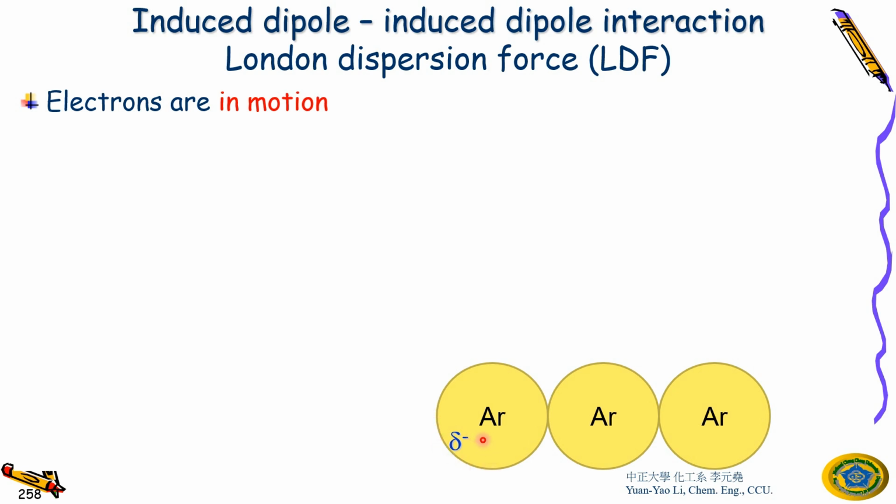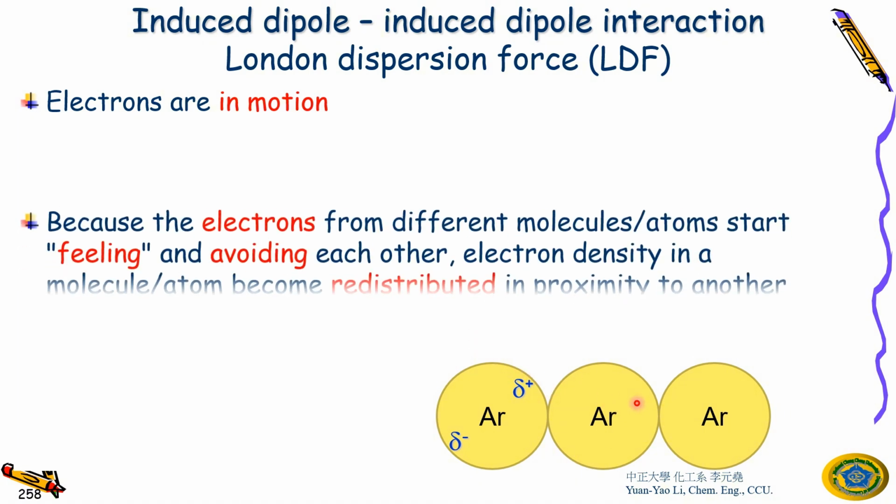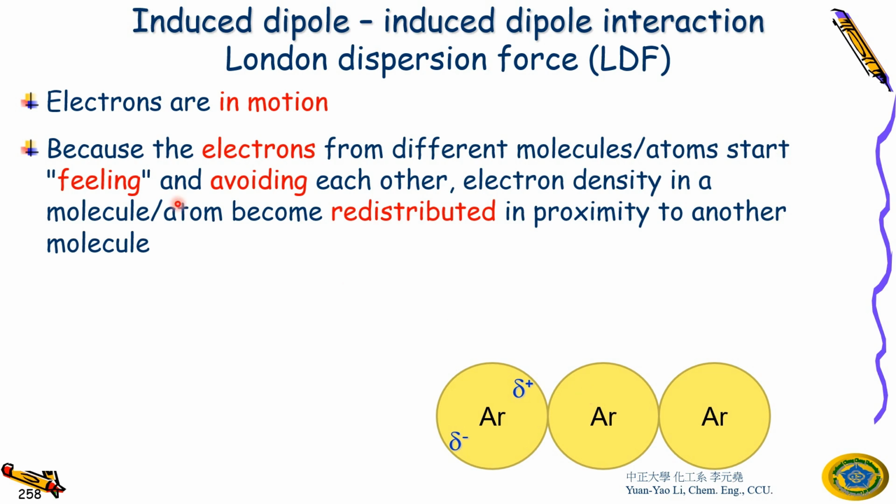Right? So at time equal to x, it can be like this. So at this moment, if the environment energy is very weak, the temperature is very, very low, you will see the electrons from the different molecules, atoms, start feeding and avoiding each other.